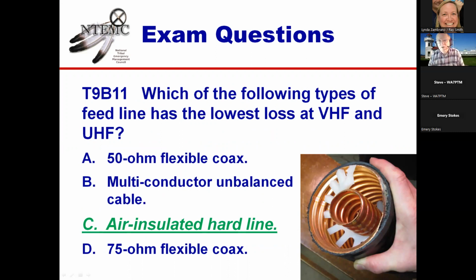Hardline is better than coax as far as loss. 50 ohm flexible coax is the most common thing we use. 50 ohm or 75 ohm, I mentioned, that's TV coax, and you've got a mismatch with the 50 ohm output of your radio, so that's not good. And multi-conductor unbalanced cable is not something we even talked about. So air insulated hardline.